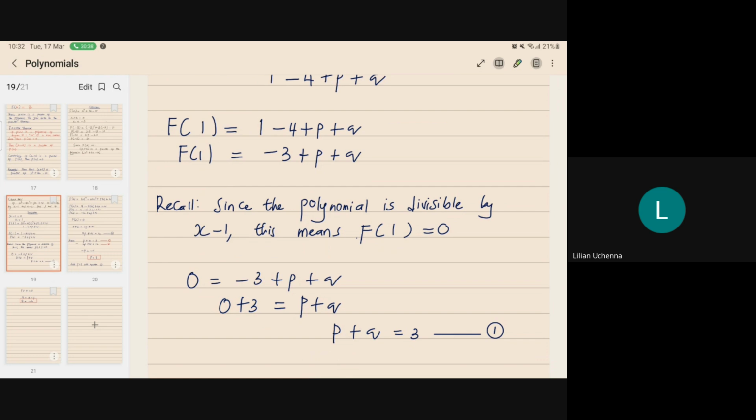All right, so example 2 will be similar to the one I just did.